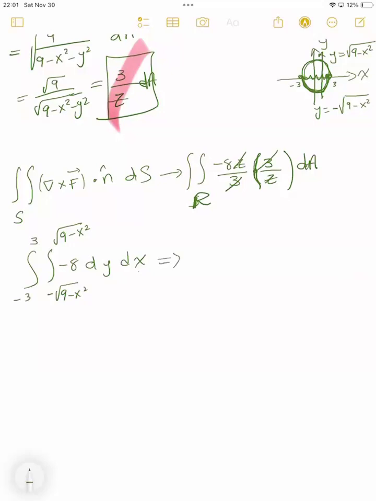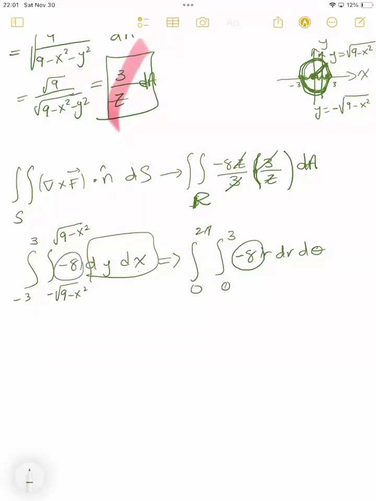But again, I can write this in polar form. And in polar form, r is going to go from 0 to 3, and theta is going to go 0 to 2 pi. And dy dx becomes r dr d theta. However, since negative 8 is a constant, I can keep it outside.